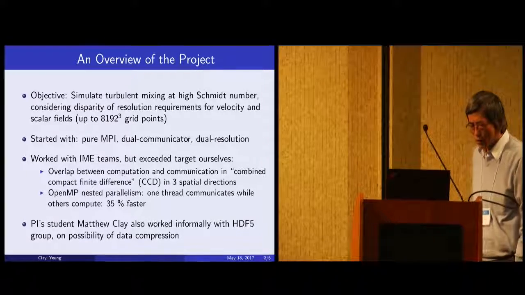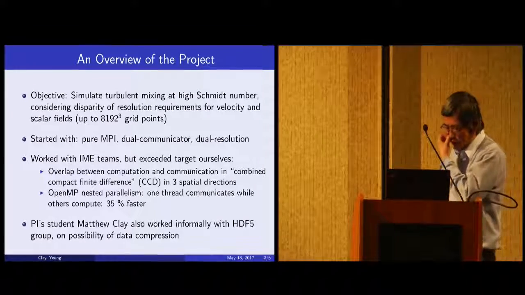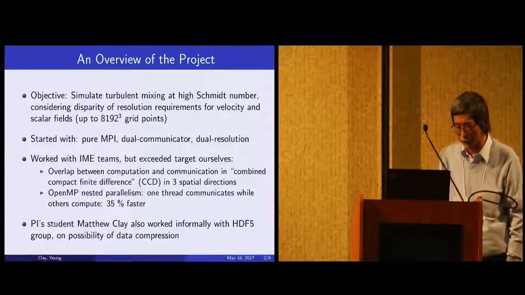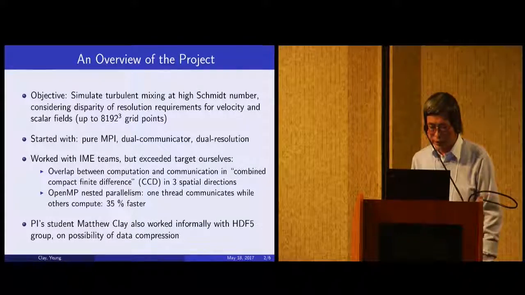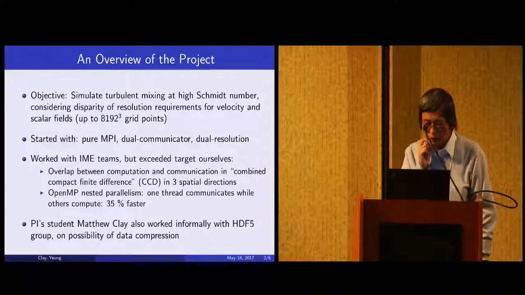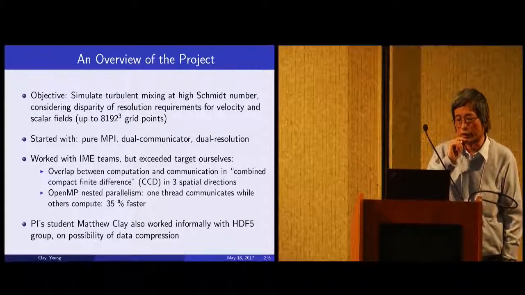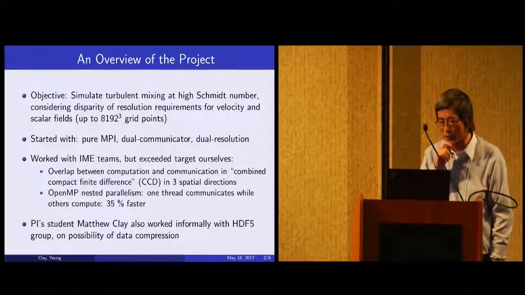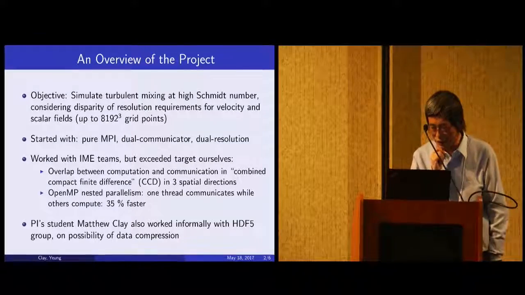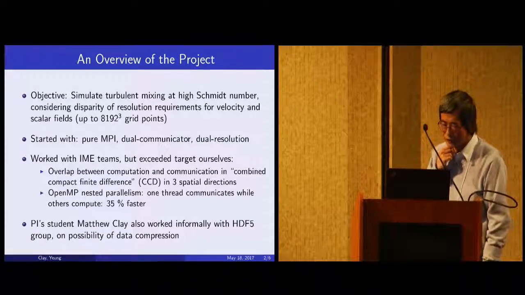And so we wanted to work with the IMT team, but as I said, we actually proceeded along a somewhat different path. I wanted to show that we are able to achieve overlap between communication and computation in a very significant way that is specific to the use of the combined compact finite difference schemes. I think many of you will be familiar with what compact finite difference schemes are.